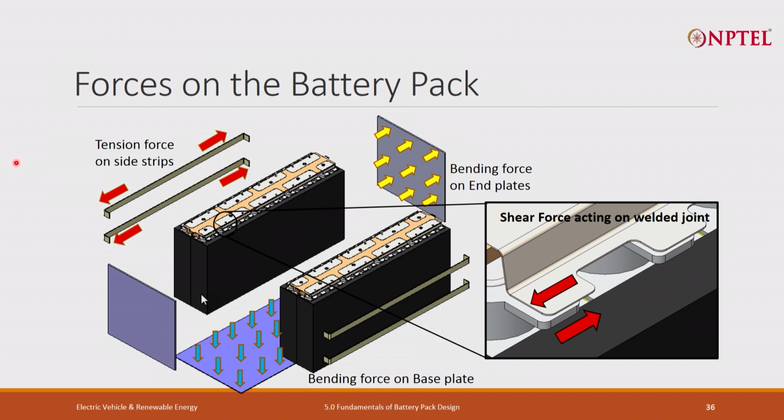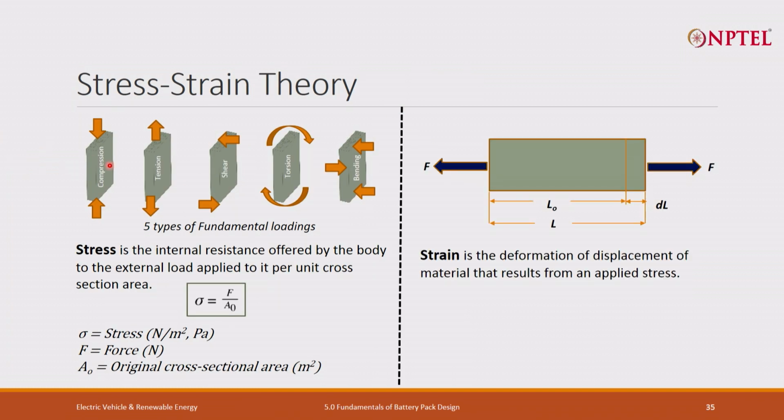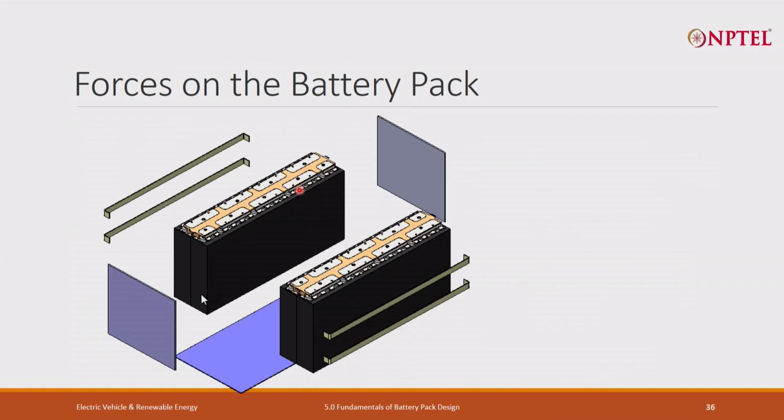So what we have discussed in the earlier slide, 5 fundamental forces: compression, tension, shear, torsion and bending. Even torsion is also present, but for simplicity we have not shown it here.